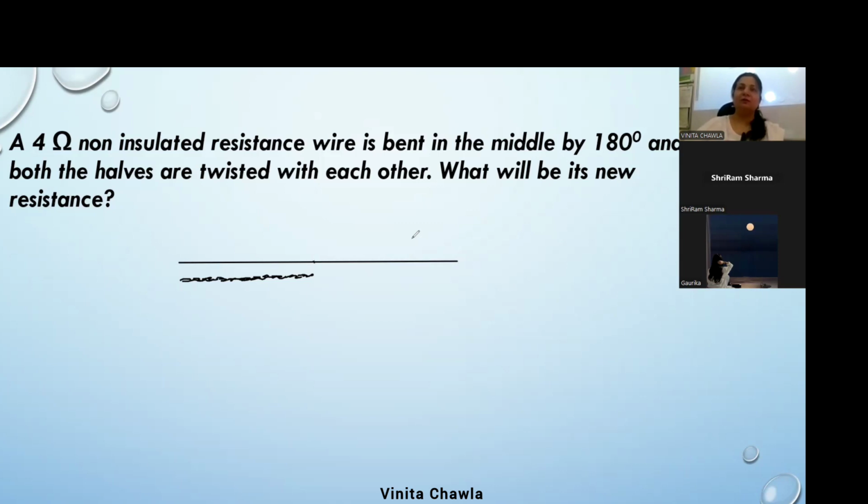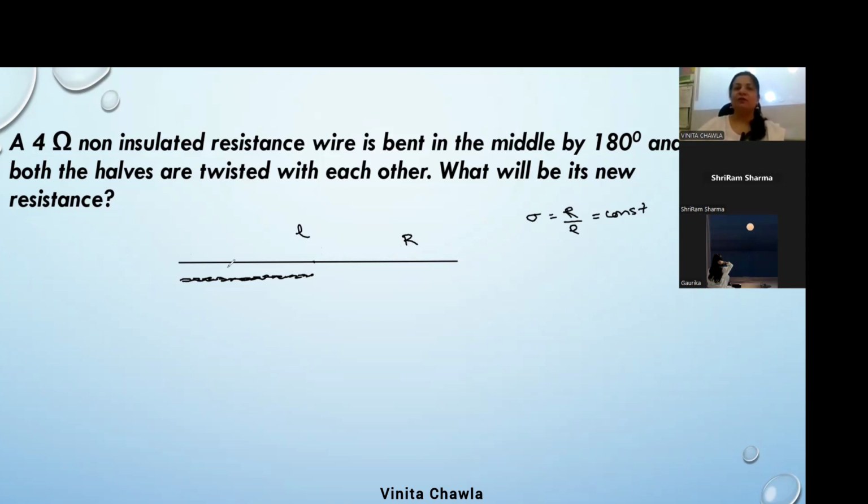Let R be the resistance of this wire. Now, what will be the new resistance? When we twist the wire like this, we are placing the wires parallel to each other. We assume the resistance per unit length of the wire is constant, so everywhere we have uniform resistance.